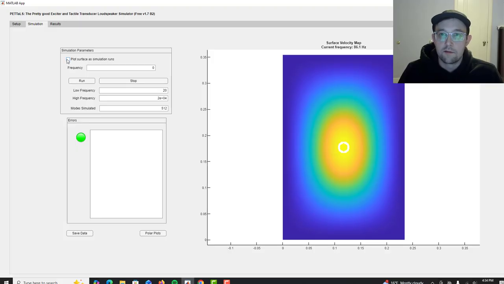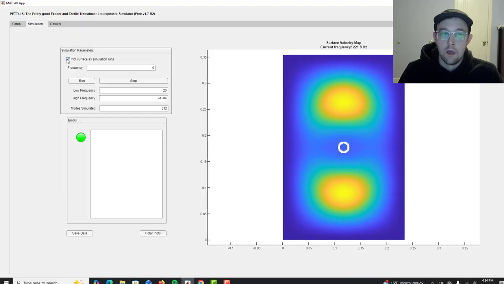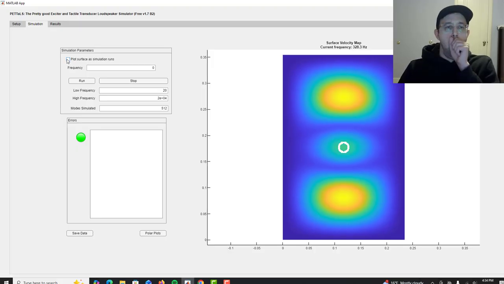So I know that the first mode of this one is at like 150 hertz, so it should be around here, and then it starts splitting into these additional vibrational shapes. Cool. Because I've shown this in the other videos, let's just skip to the end.